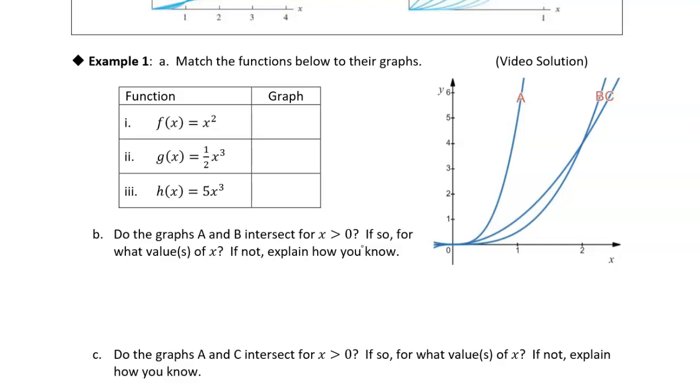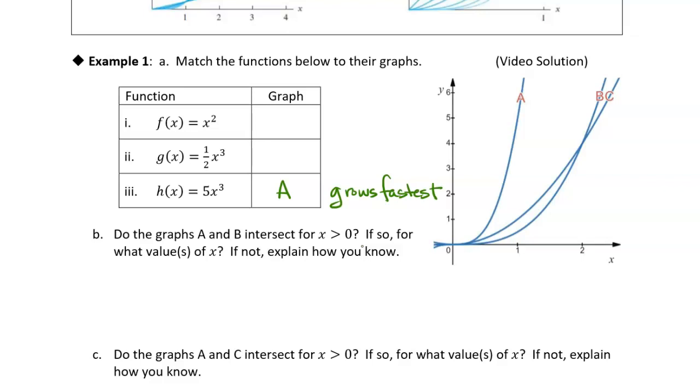So which one of these graphs is growing fastest? It looks like A is growing fastest, because at 1 we're already up at like 6 or so. So it would seem that this function here would be A, because it grows the fastest. Then we have to decide between the other two, and that's a little bit trickier.